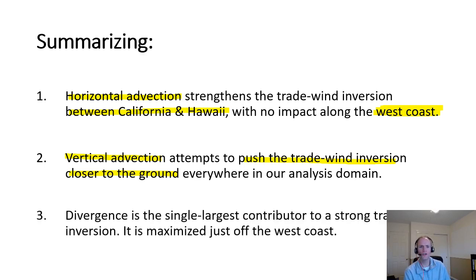But it's that vertical variation in the vertical velocity manifest through divergence that we see along the west coast of North America that is that single largest contributor to a strong trade wind inversion. And this one is maximized just off the west coast where you get that greatest spreading apart of the winds on the east side of the subtropical anticyclone.